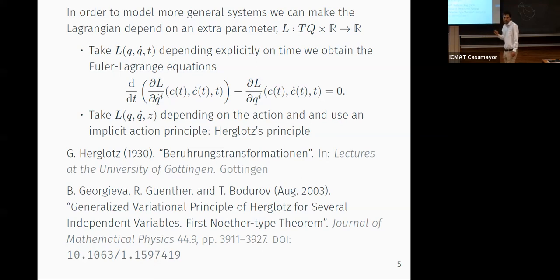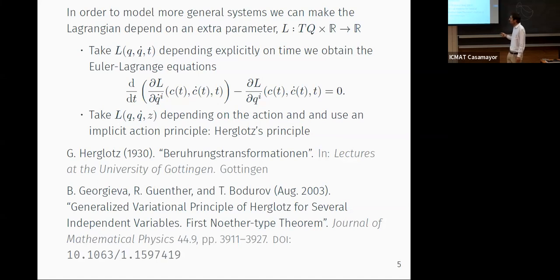Another possibility, which is the one that we have explored in this thesis, is to take this extra parameter to be the action. Now you have an implicit variational principle, and the equations are no longer the Euler-Lagrange equations, but the Herglotz equations. This was studied by Herglotz already in the 1930s, and this is probably the first modern account of this principle that we know.